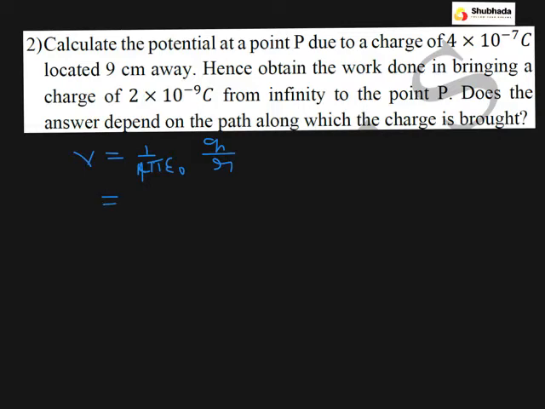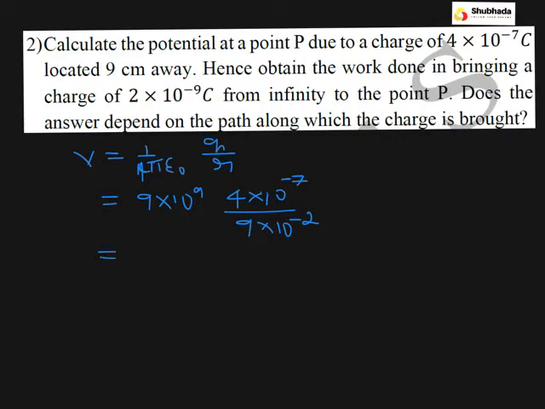So that is equal to 9 into 10 to the power of 9, that is the value of 1 by 4 pi epsilon naught, into the charge 4 into 10 to the power of minus 7 coulomb, divided by the value of R, which is 9 centimeter away. So this is 9 into 10 to the power of minus 2 meter.